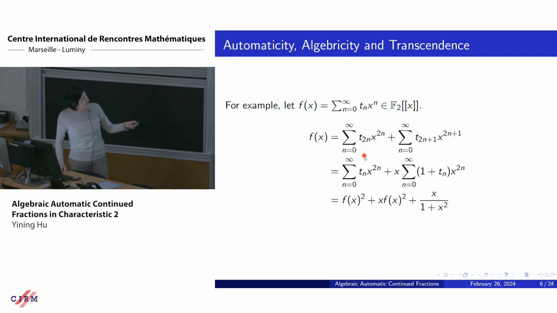The even terms are the sequence itself. For the odd terms, we have this relation. And then after simplifying, what we get is indeed a polynomial relation between f and f squared. This is a polynomial equation where the coefficients are rational fractions. So we have f squared, and 1 of them.